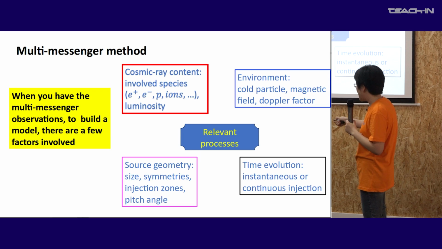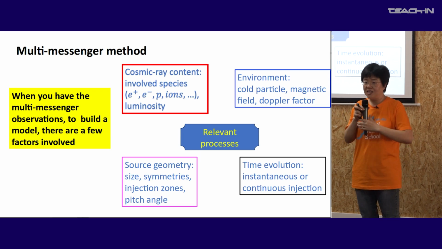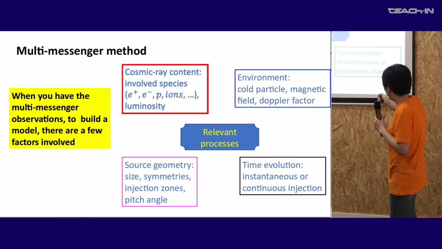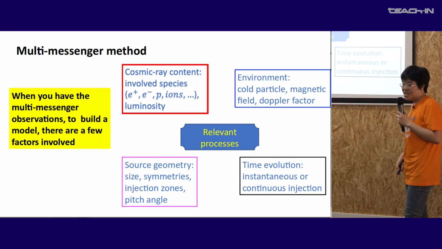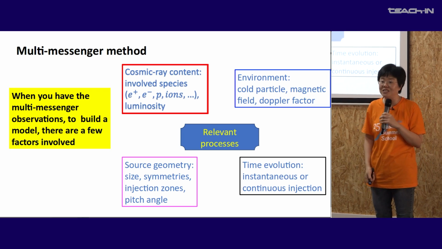There are also a few other angles, like the pitch angle and viewing angle, and those decide how your flux is and how the particles are accelerated. And the other one is the time evolution. If it's a transient or a steady source, it's quite different mechanisms.